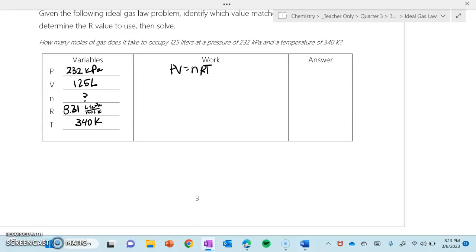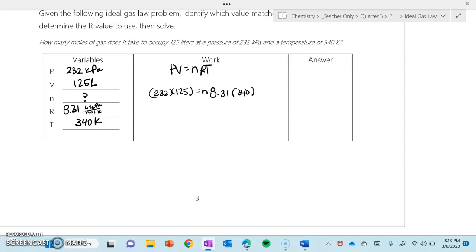So all of our units should match within this R value. Now we just plug and chug. Pretty simple. P, V, leave N as the unknown, R, and T. They already gave us all the units, so we don't need to convert to anything.